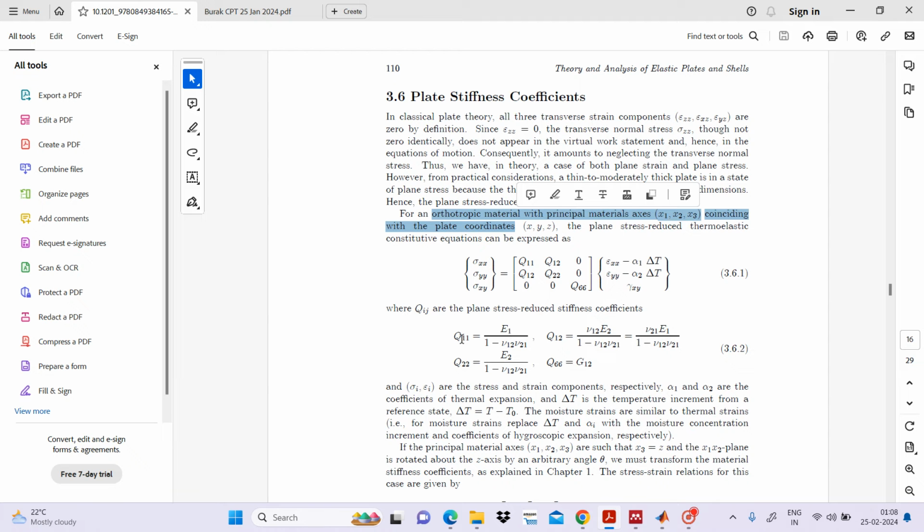So Q11 is E1 upon 1 minus nu12 nu21. Similarly, Q12, Q22 and Q66 are given in terms of E1, the Young's modulus along the fiber direction, and E2, transverse to the fiber direction. nu12 and nu21 are the Poisson's ratios, and G12 is the shear modulus.